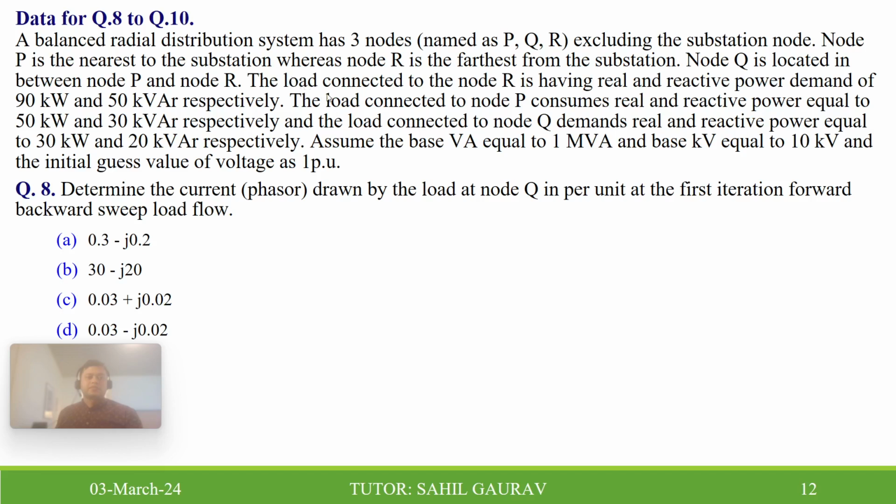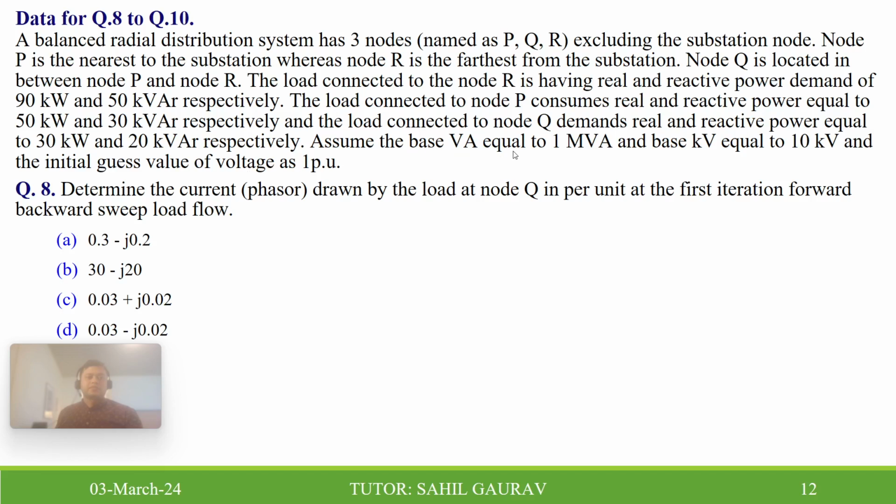Now, the load connected to node R has real and reactive power demand of 90 kilowatt and 50 kVAR respectively. The load connected to node P consumes 50 kilowatt and 30 kVAR respectively. And the load connected to node Q demands 30 kilowatt and 20 kVAR respectively.